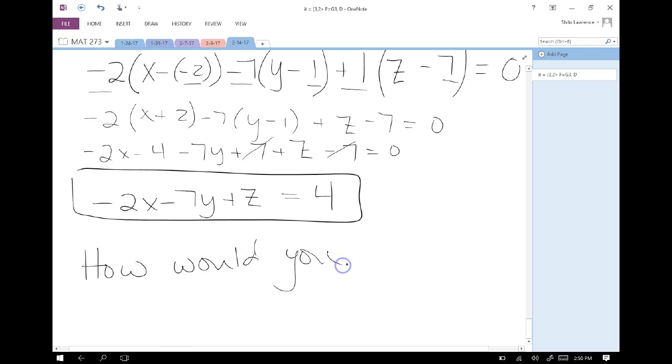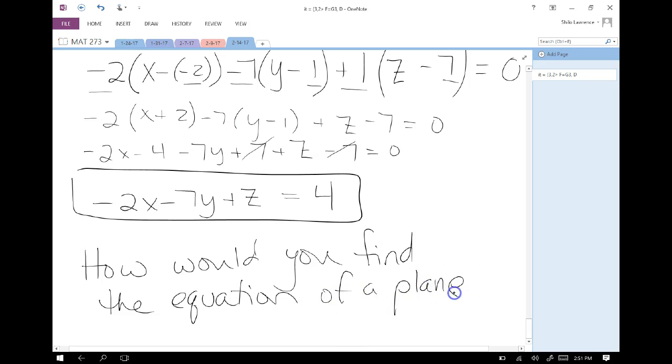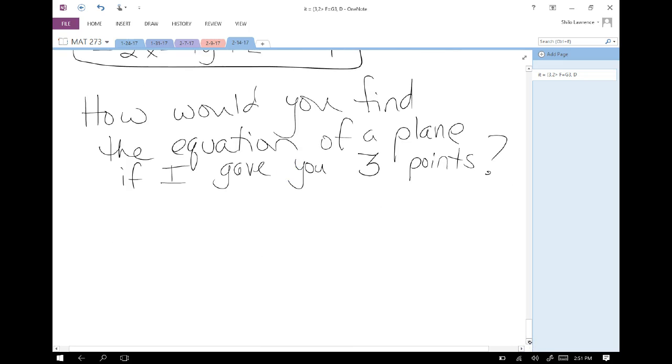How would you find the equation of a plane if I gave you 3 points? So think about what you need and how we can get there.